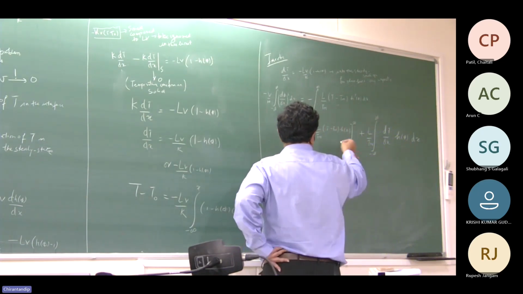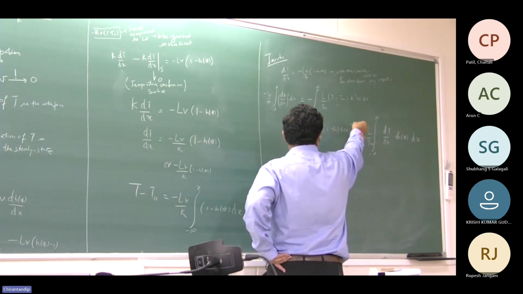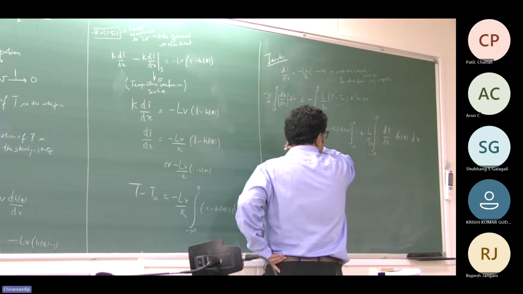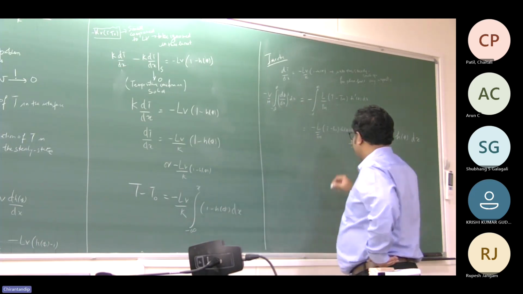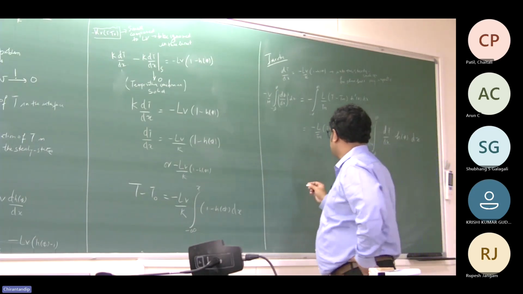Now, this value is at right, when h of t is 0, so this is out. On the left hand, it is not.